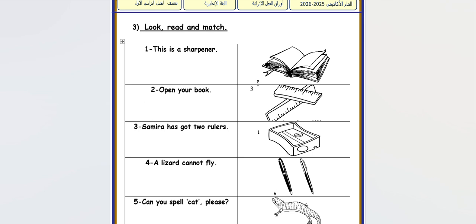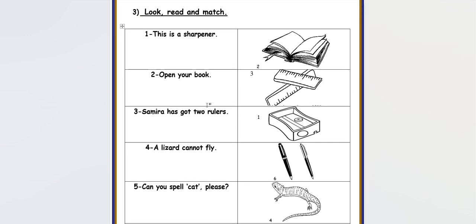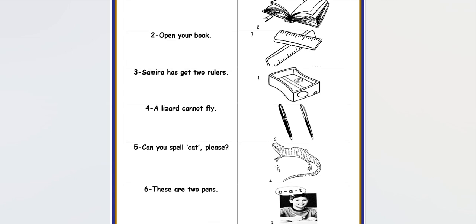Open your book. Number 2, we match this sentence with this picture. Number 3, Samira has got 2 rulers. So this one with this picture. Number 4, a lizard cannot fly. Here, this is a lizard.